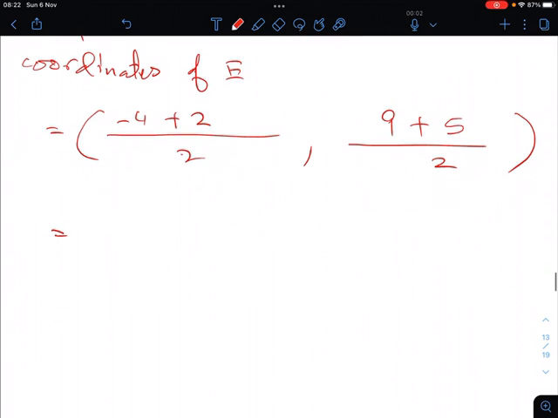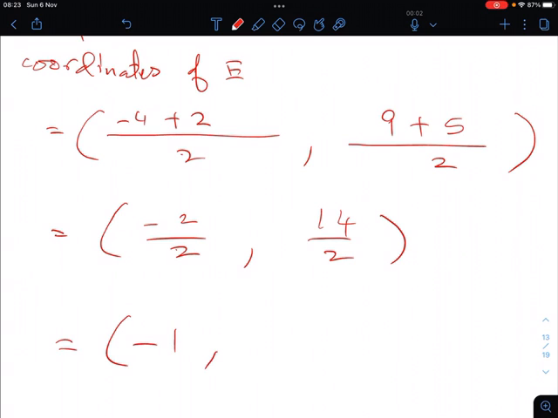That will give you negative 2 over 2, comma, 14 over 2, so obviously you get negative 1, comma 7. That will be your coordinates of E, 2 marks.